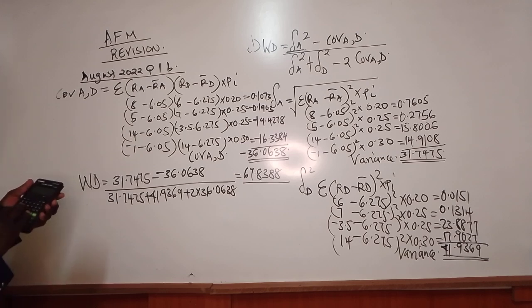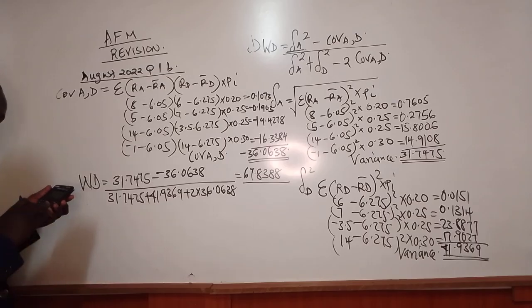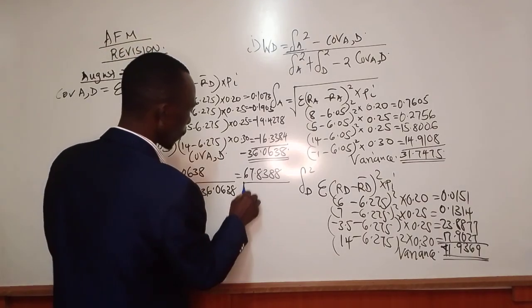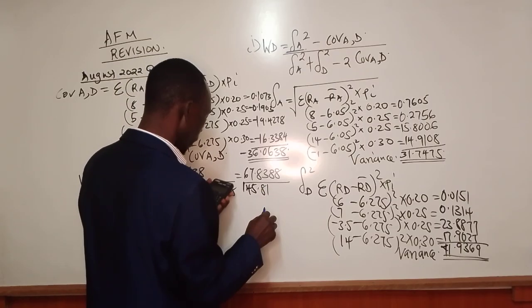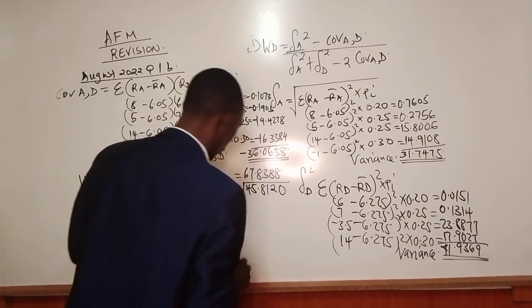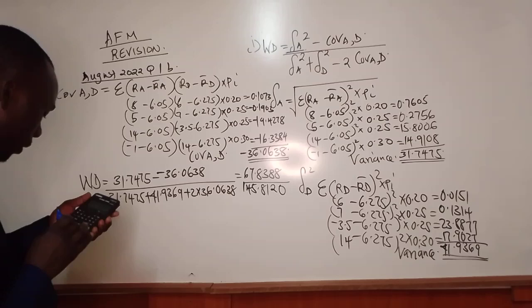Then from there plus 41.9369 plus 31.7475 equals. So this one you will get 145.8120.